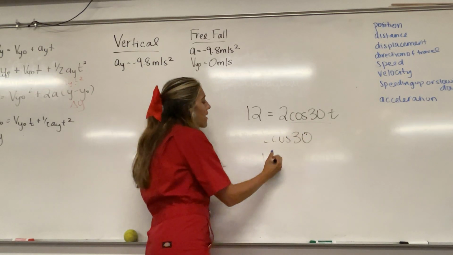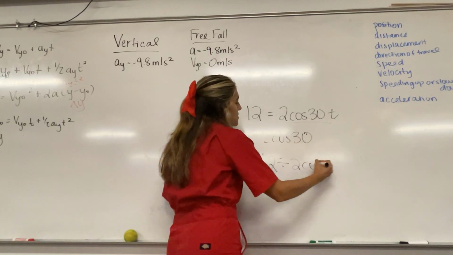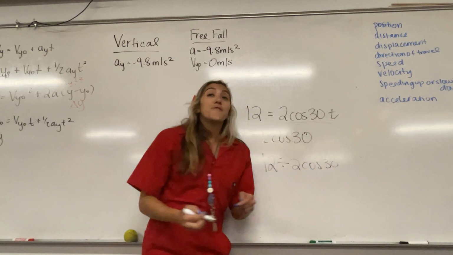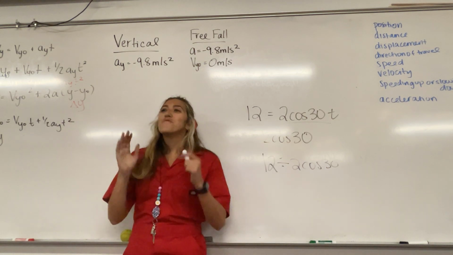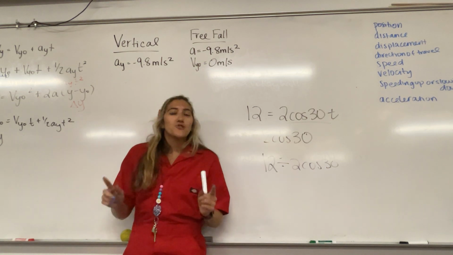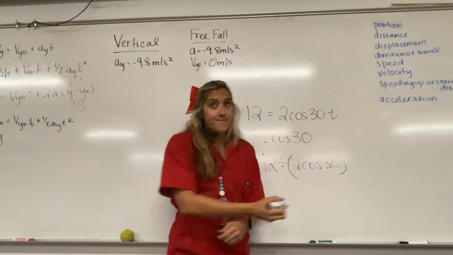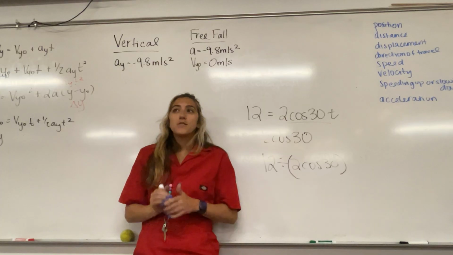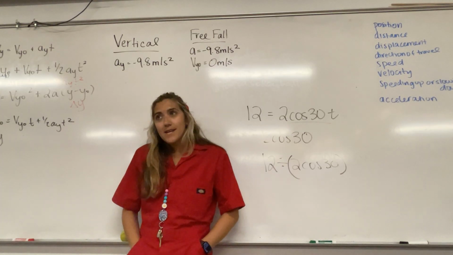And they typed into their calculator 12, they pressed the divide button, and then they put 2 cosine 30. If you do that in the Casio, I noticed because I tried it, the Casio very nicely knows what you're trying to say and put the parentheses for them. I ignored the parentheses and it added them after the fact. And then you get the right answer.